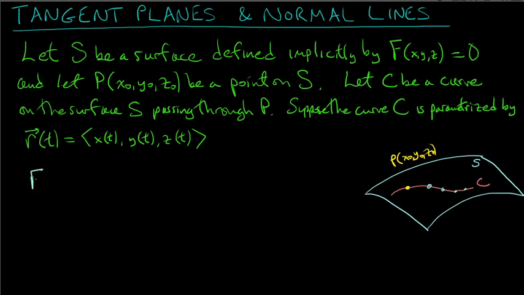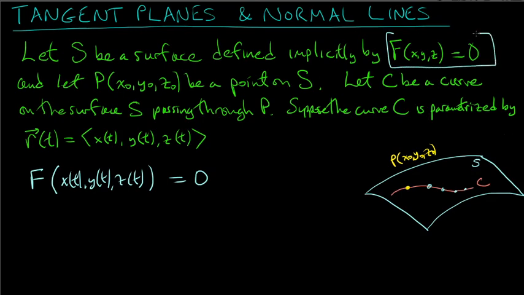In other words, normally it's a function of x, y, and z. However, x depends on t, y depends on t, and z depends on t. So by restricting to the curve, and the curve still is on the surface, it has to satisfy this equation up here, since all these points are on the surface S, they're also on the curve C.